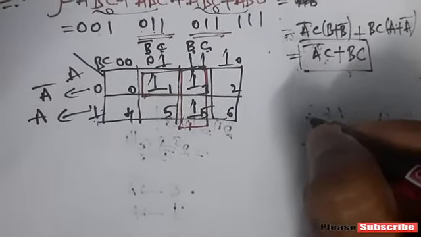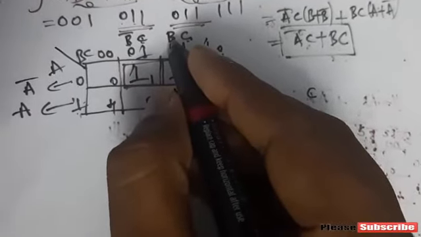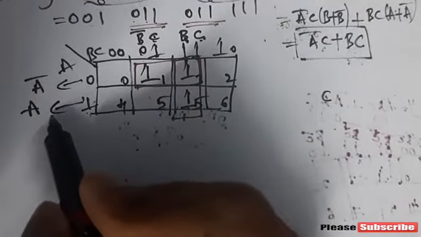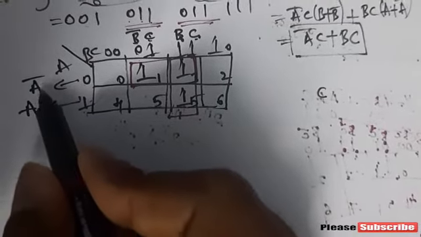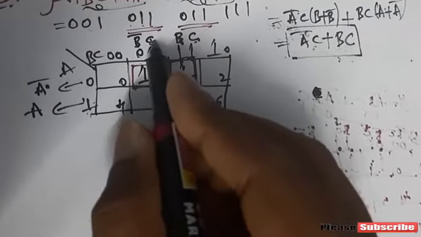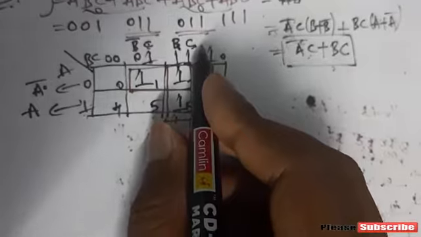B plus B bar will be the 1, right? No, I made a mistake, right? This will be the A bar B bar C plus A bar B C. This will be the A B C. You will get the A bar C plus B C.